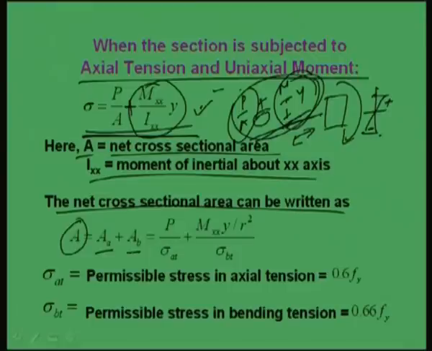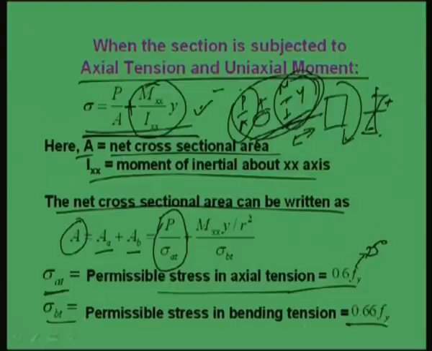AA is P by sigma AT, where sigma AT is the permissible stress in axial tension, which is generally 0.6 Fy, where Fy is the characteristic value of the yield strength of steel. In case of mild steel, Fy is 250 as we have seen earlier. Similarly, sigma BT is the permissible stress in bending, which can be written as 0.66 Fy, right.